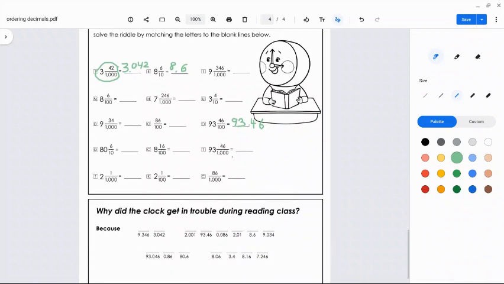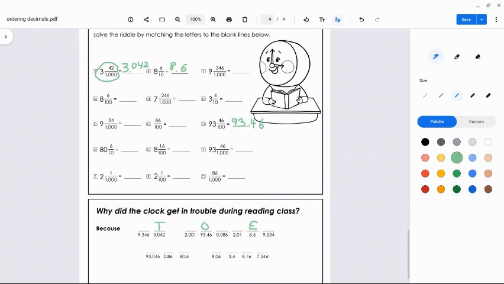And if I pop down here to my answer, 93 decimal 46 is going to give me O. Eight decimal 6 gives me E. And I think that's a T. 3 decimal 0.42 gives me a T.